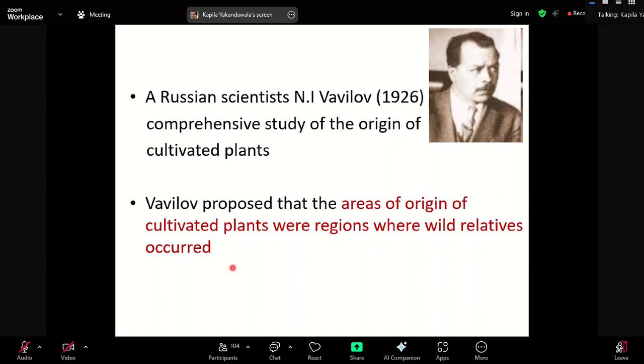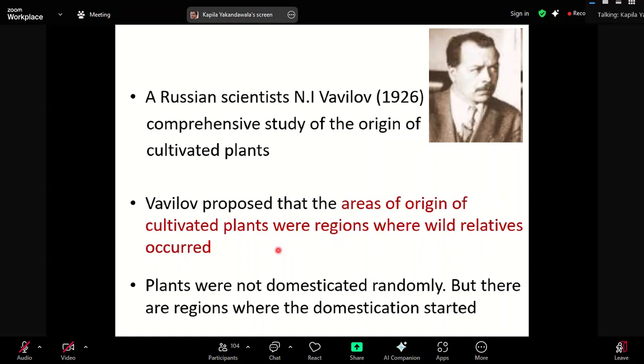So crop plants were originated in the places where you can find crop wild relatives. So crop plants are also not domesticated in a random manner. But there are certain regions where domestication started.